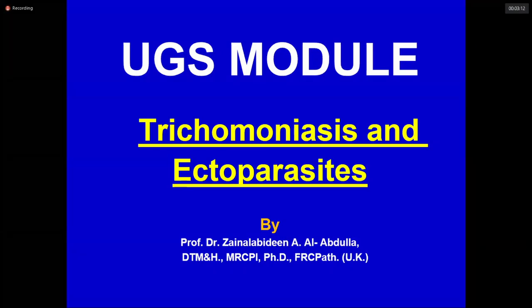Okay. Good morning. Today we will have a lecture about Trichomonas, and the disease caused by Trichomonas is called trichomoniasis, and some of the ectoparasites, external parasites, not inside the body, outside the body.